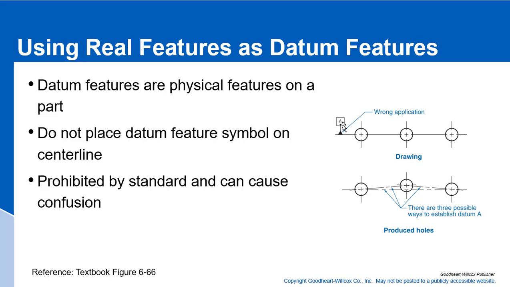Datum features have to be touched. We do not put datums on center lines, because we could produce these holes off and not even really know it. We need to use surfaces and then basic dimensions to establish the location of those holes back to the datums. I can't talk about that one enough.